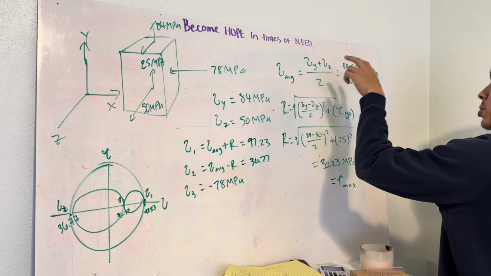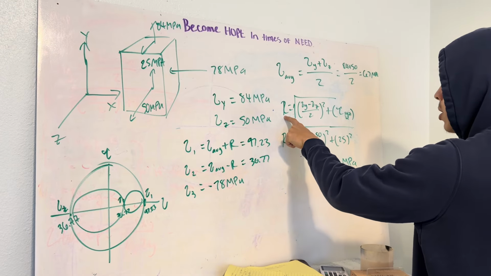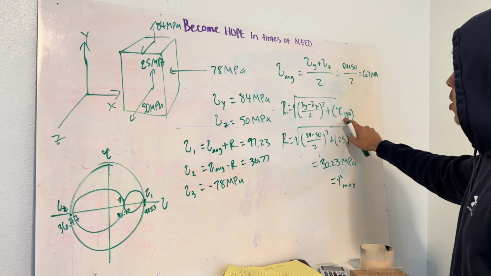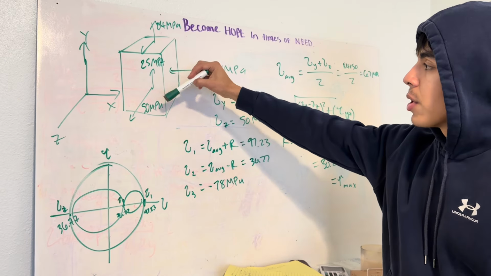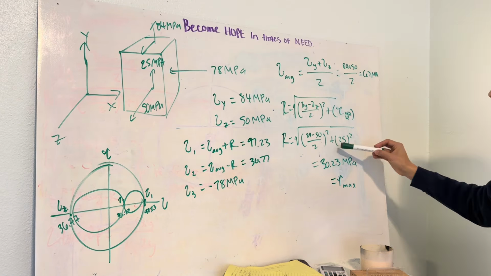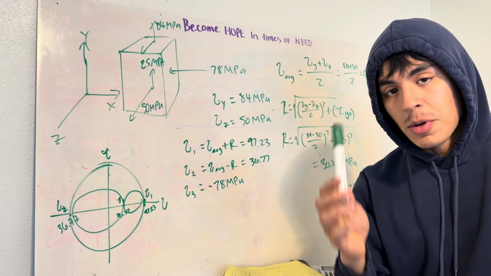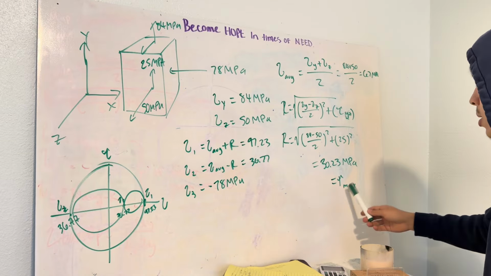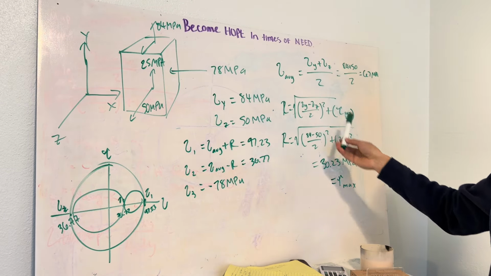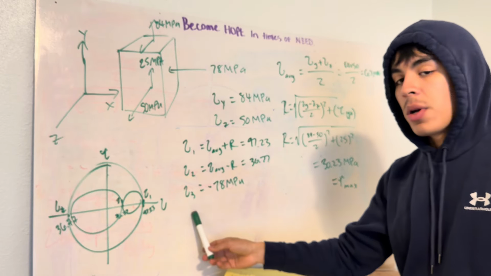Once you have those, you calculate your average stress and your radius, and then to get your strain, figure out which one of these is acting inside of the cube, which we got right there. So we got 25. Remember, your radius is also equal to your maximum strain, which is that right there. And then once we have all these values, we can calculate our principal stresses, principal 1, 2, and 3.